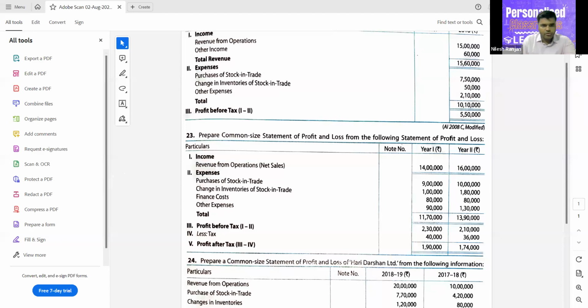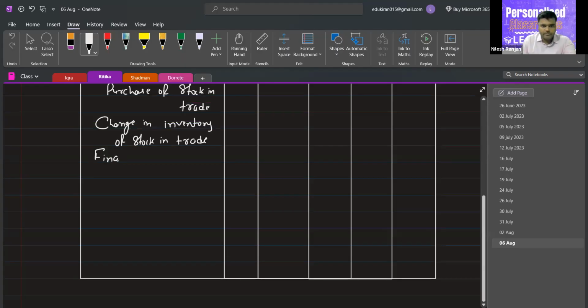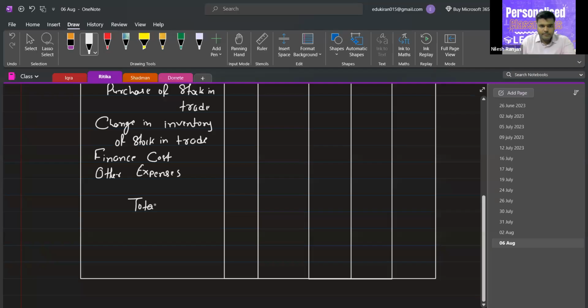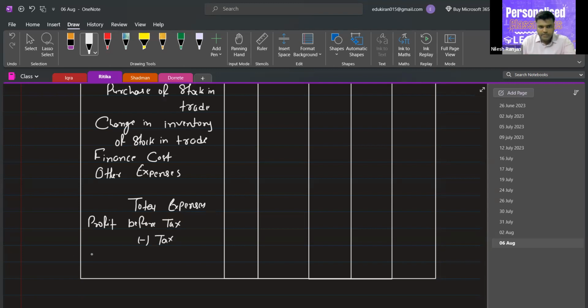After that, finance cost and other expenses. Then total expenses, profit before tax, minus tax, and profit after tax.